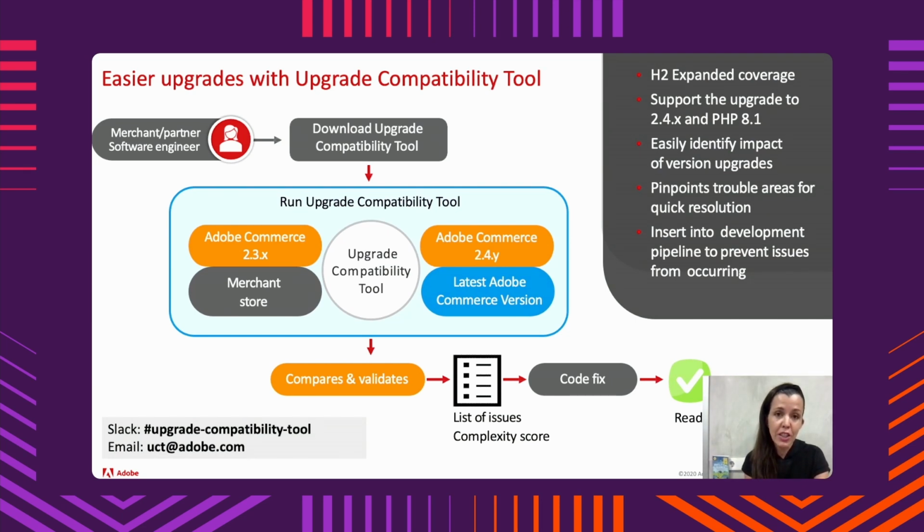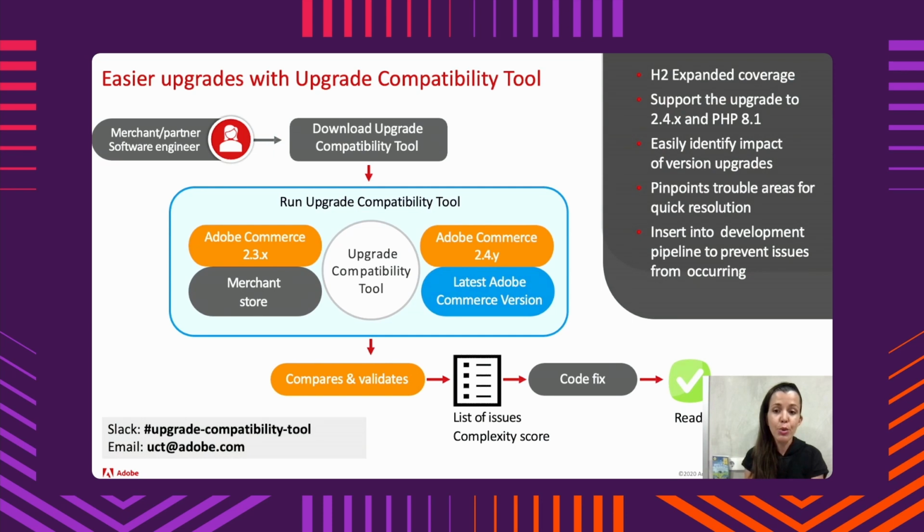We released earlier this year the tool with an alpha version that had PHP API and GraphQL schema validations. And we are investing more in this tool because we believe this is going to be a key support to help Commerce merchants understand the impact of the upgrade much faster.